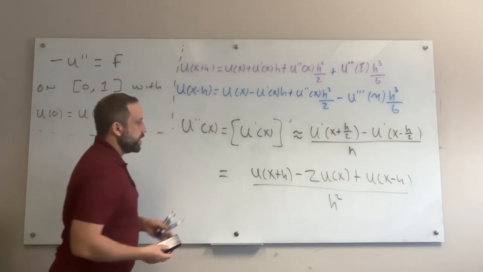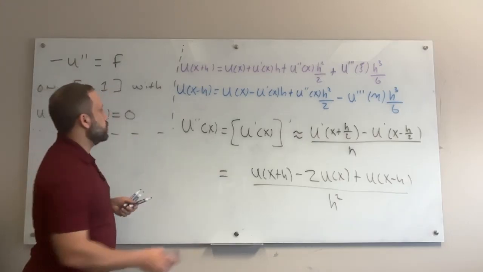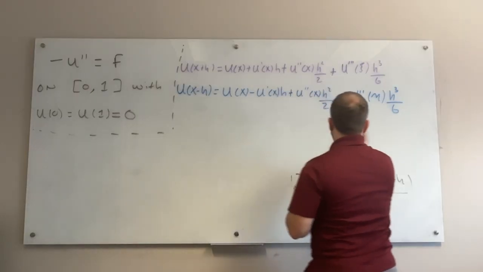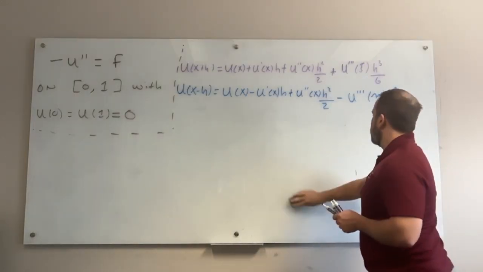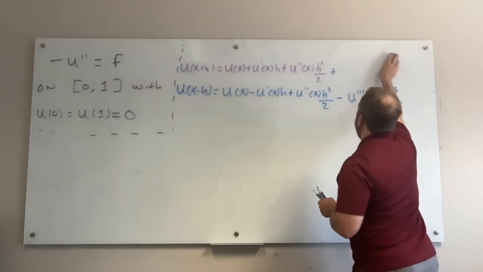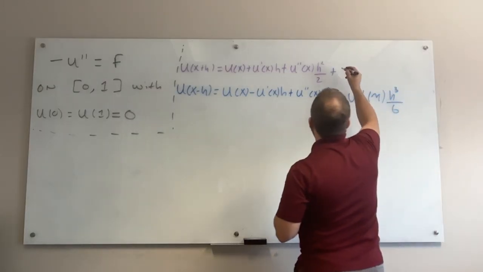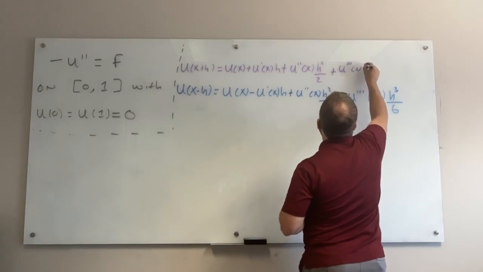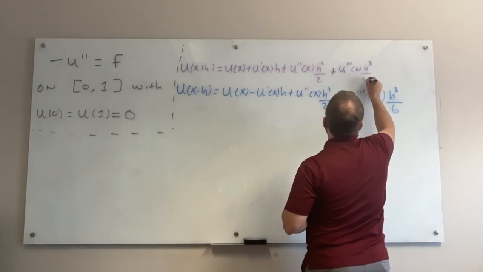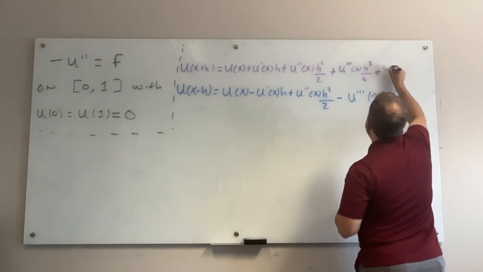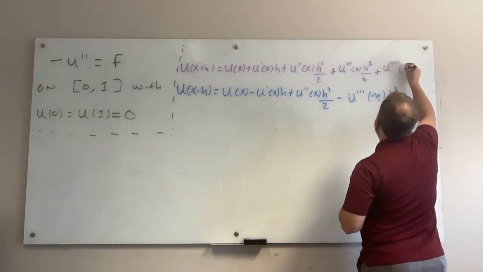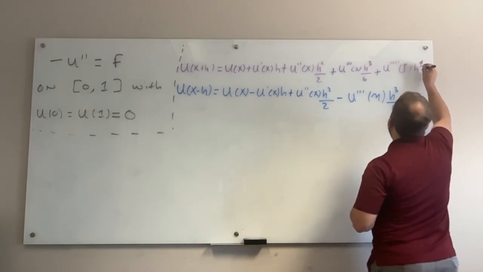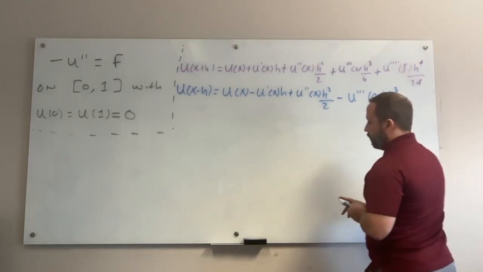Now, one way that we can see that it's O of h squared is to do this Taylor thing again. So let's look at another way that we can derive this approximation. If you look at the Taylor formula here, I'm going to take it now to the fourth term. So I'm going to have plus u triple prime of x times h cubed over 6, and now plus u, the fourth derivative, of some number c between x and x plus h, times h to the power of 4 over 24.